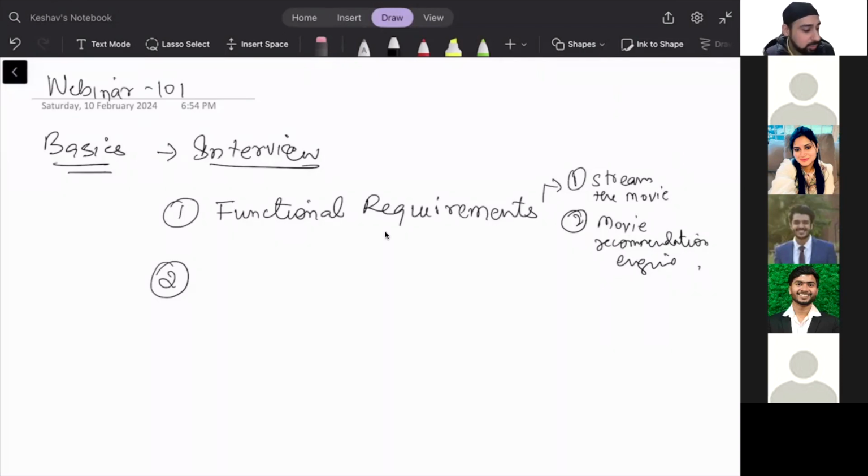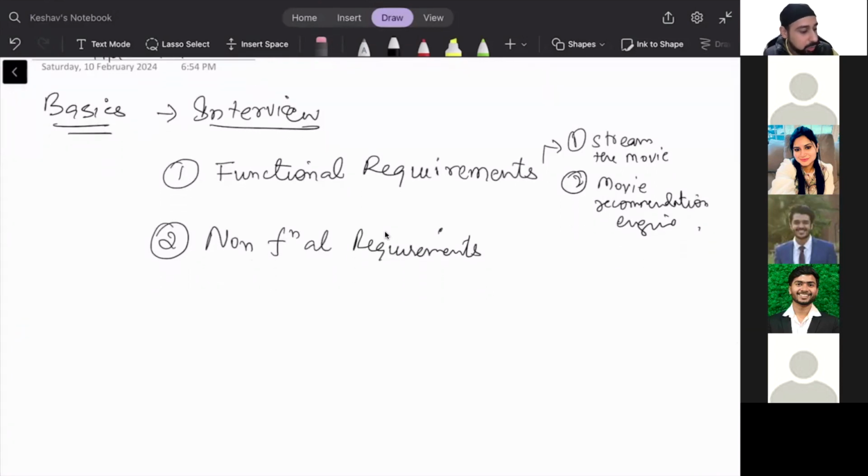Now comes the non-functional requirements. In the non-functional requirements, how much is the latency of the system? Like how fast do you want the system to respond? So this is the latency. How is the throughput of the system?